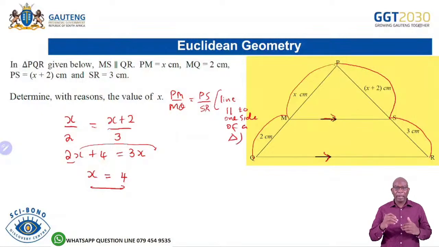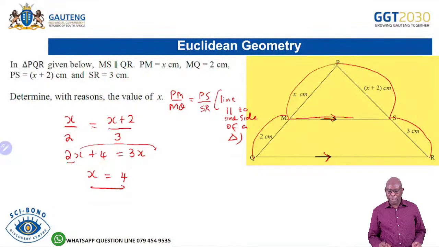So you'll get a mark for the reason, a mark for the ratio, and a mark for the final one. Okay, so please make sure that you write down the reason. I know that because you are so happy that you are able to quickly do the proportion, you forget the reason, and we are losing easy marks here. All right.